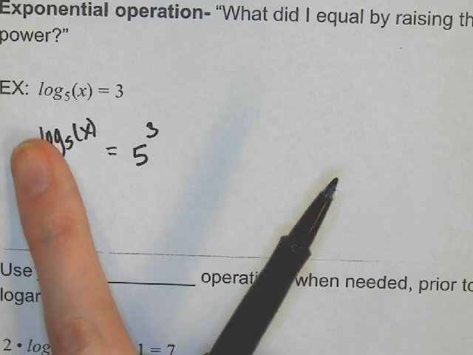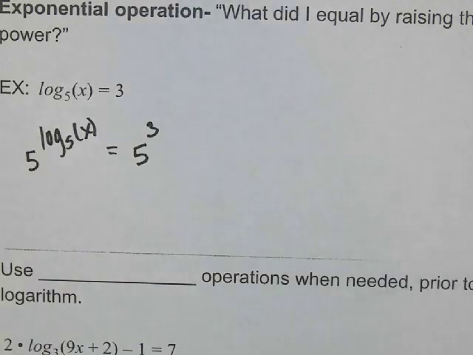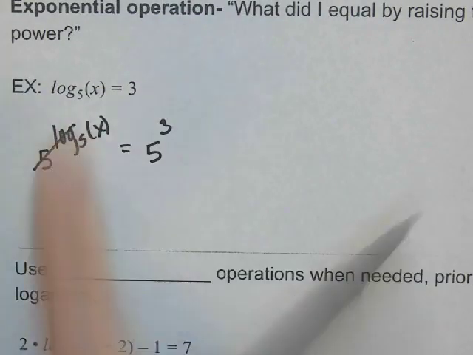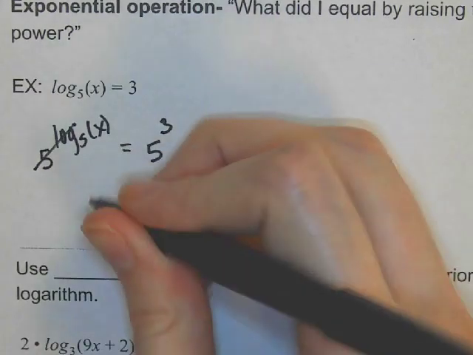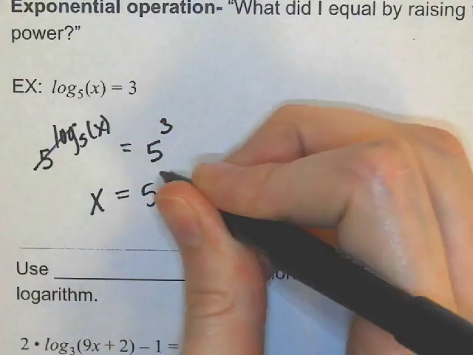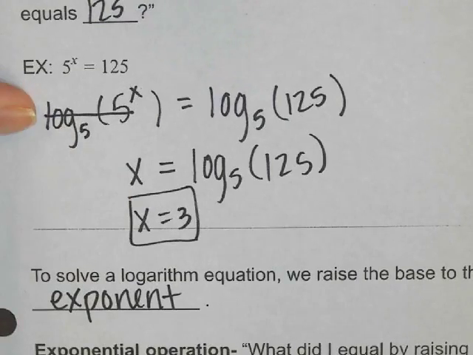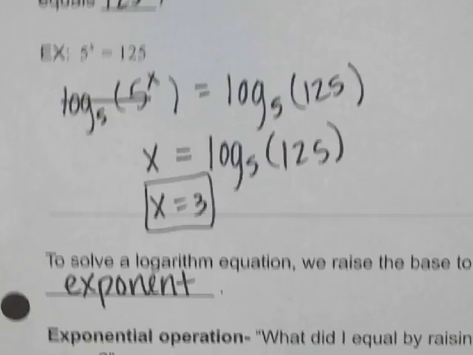I wrote it at the bottom as the base of the exponents. So what happens here is you basically rewrote a logarithm in its exponential form. So you know that this is the same thing as saying 5 cubed, which if you look back at the previous one, 5 cubed is 125, and we just rewrote the logarithm as an exponent.